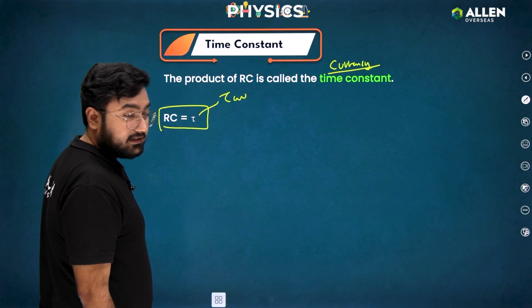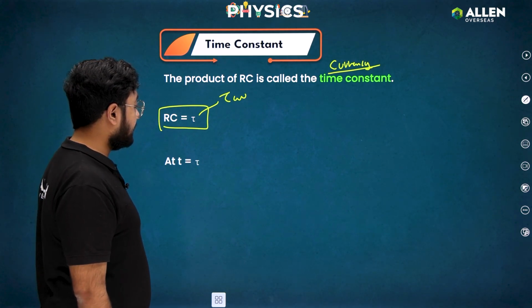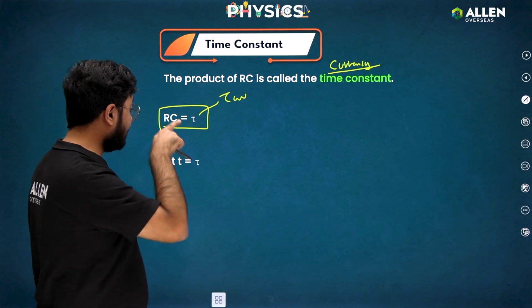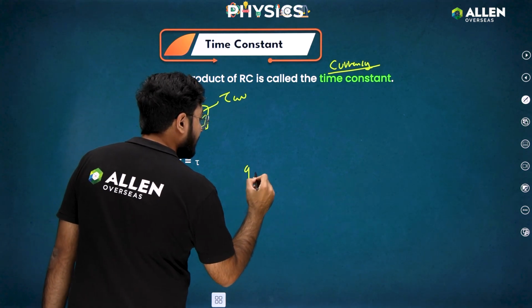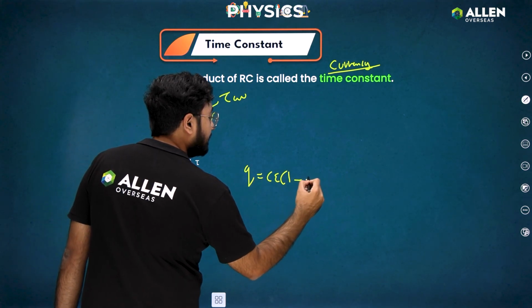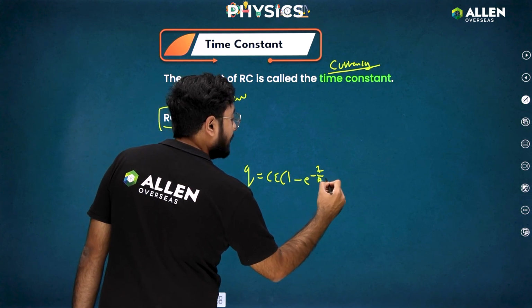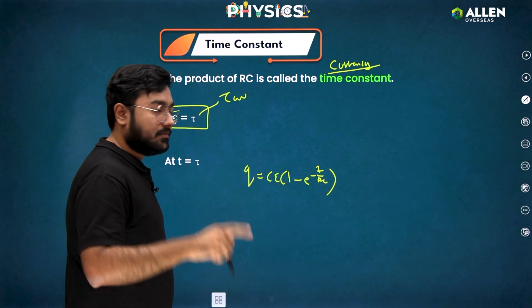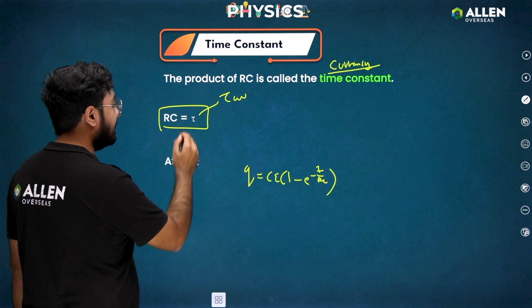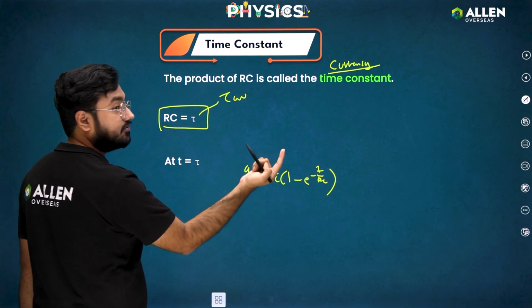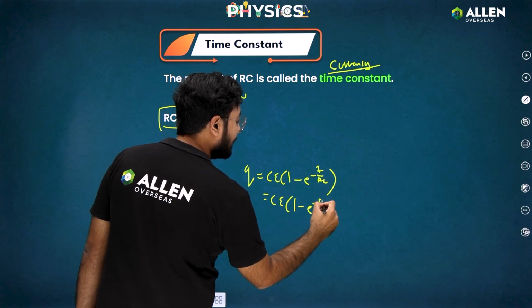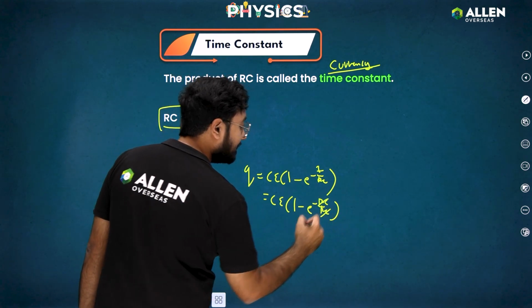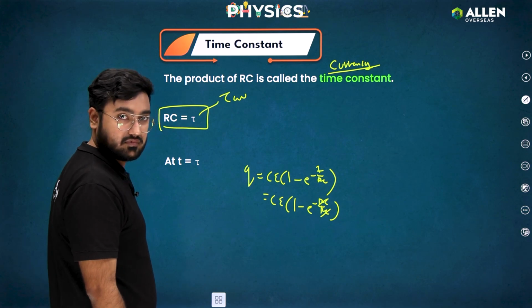Okay, nice. So how is this currency useful to us? Let us see. We have Q is equal to CE times 1 minus e to the power minus t by RC. Let us see what is going to happen in one time constant. That means at t is equal to RC. Substitute 1 minus e to the power minus RC by RC. This gets cancelled, right?